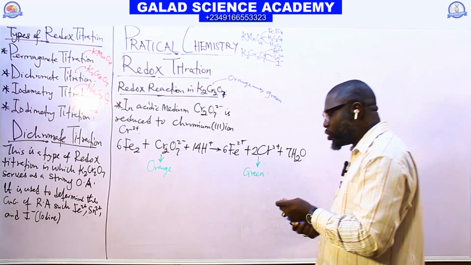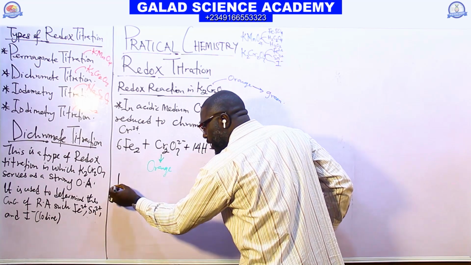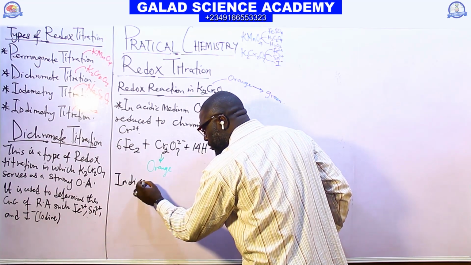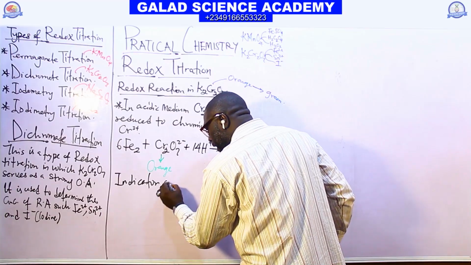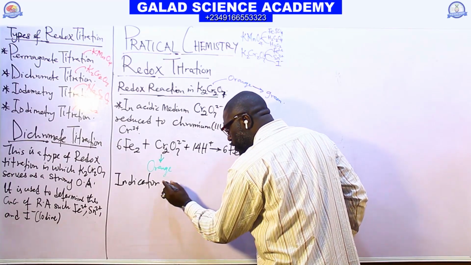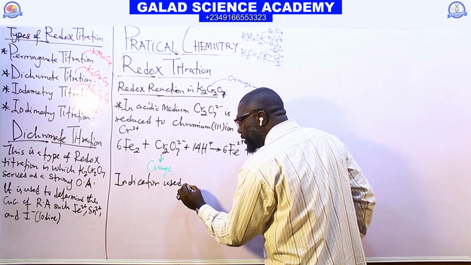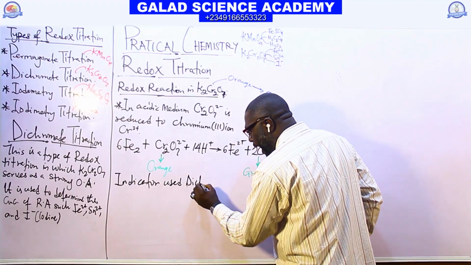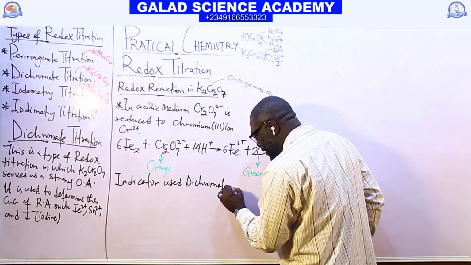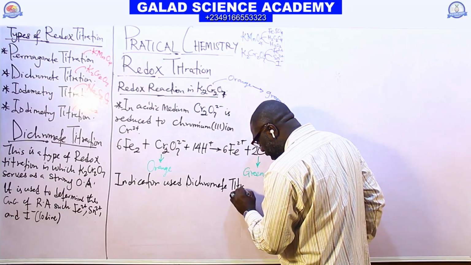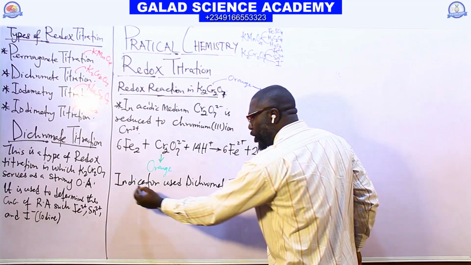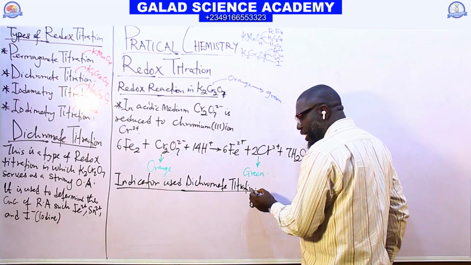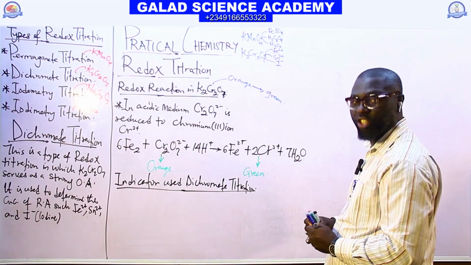Then the next thing is indicator use. Indicators used in dichromate titration. What are the kinds of indicator we use in this titration?